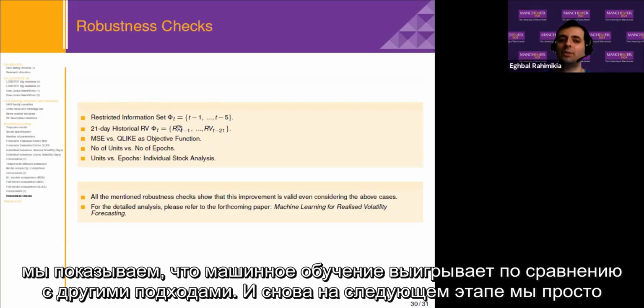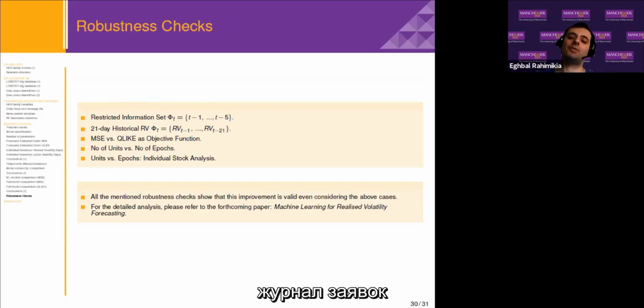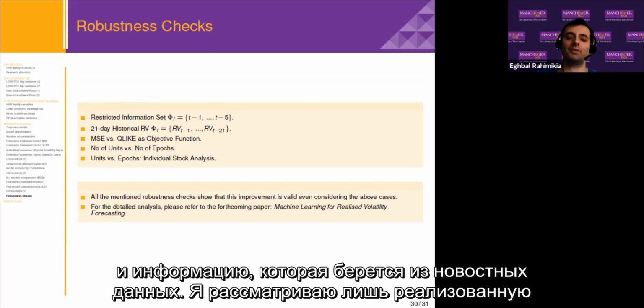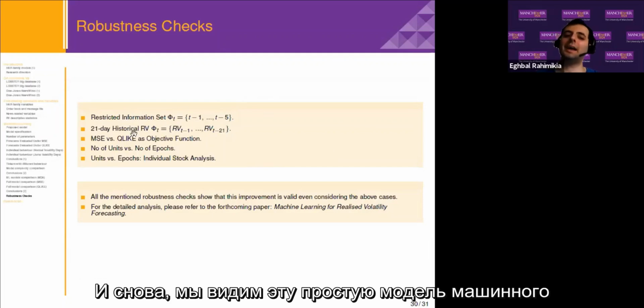Again, for the next step, we are just using 21 days of historical realized volatility. So here, I'm not considering the information coming from order book data or news data. I'm just considering the history of realized volatility for forecasting the next day volatility. And again, we can see this simple model.